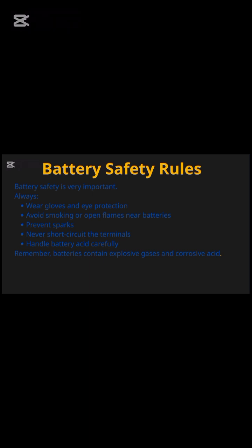Battery safety rules. Battery safety is very important because remember, here you are dealing with acids, electricity, and chemicals. So it is important safety. Always wear gloves and eye protection when you're working on a battery.